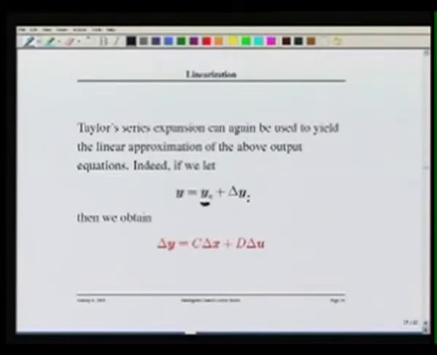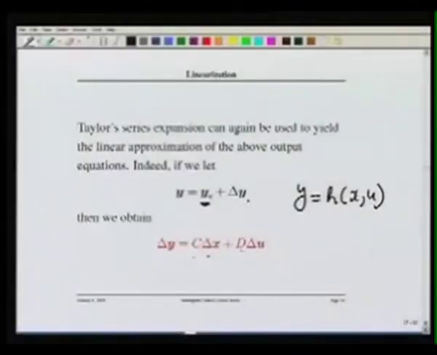Then the actual system is y equal to h(x, u), so using Taylor series we can write delta y equal to C delta x plus D delta u, where C and D are again Jacobian matrices.